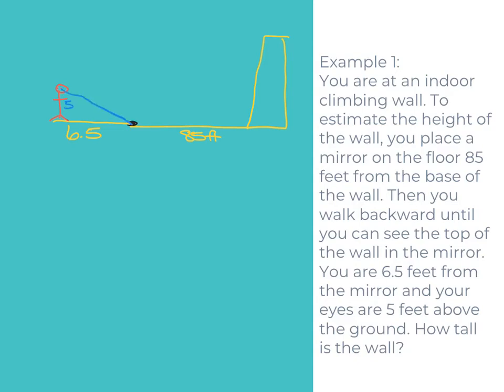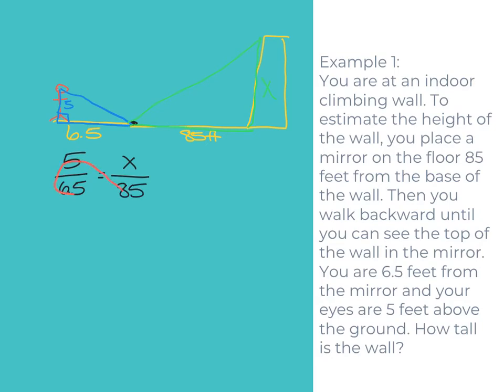So we have a triangle here where 5 and 6.5 are one side of it. 85 and this unknown x are the other side, or the similar side rather. And I can solve a proportion. So I have your eye's height over the distance to the mirror equals the wall's height over distance from mirror to wall.